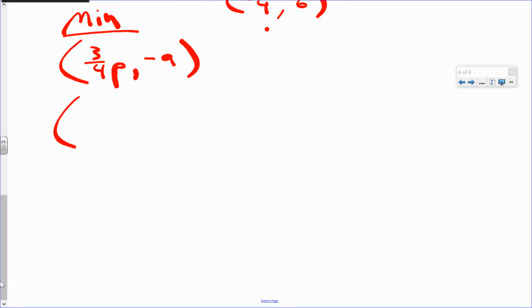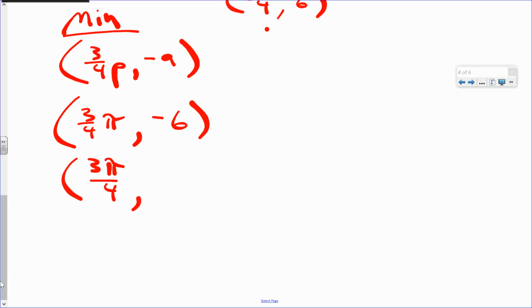What was the period, Helena? Pi. So get 3/4 pi. And then the amplitude, what was the amplitude again? So I'm going to make it -6 now. 3/4 pi, which is really, if I multiply this out, 3 pi over 4, right? This becomes that.